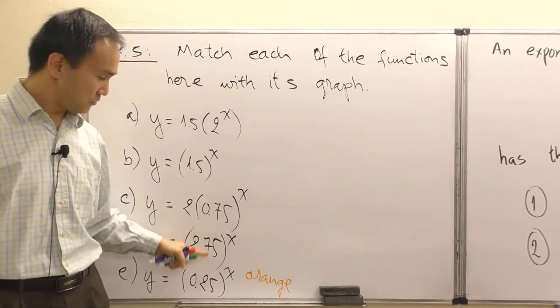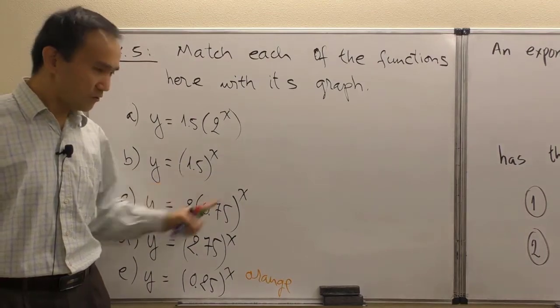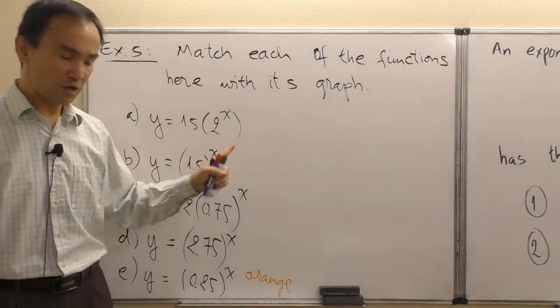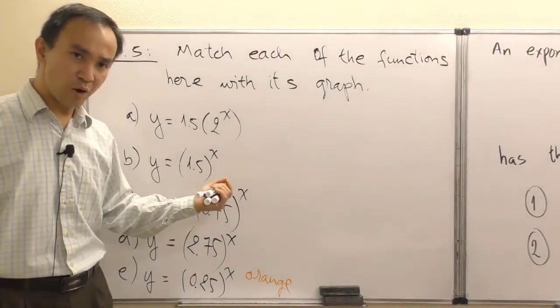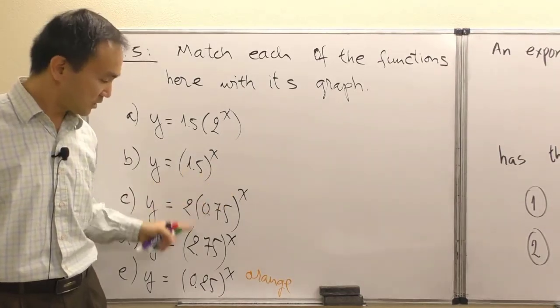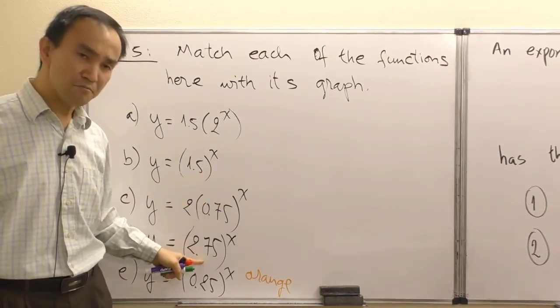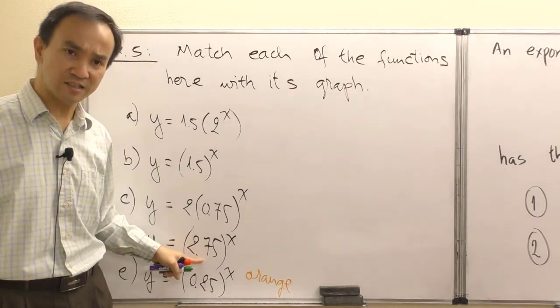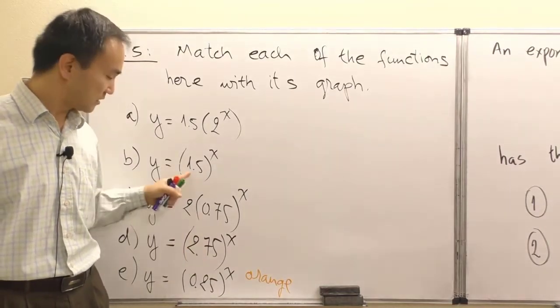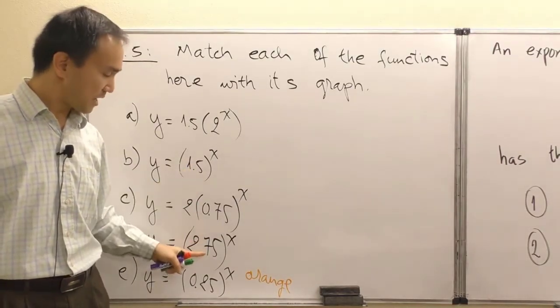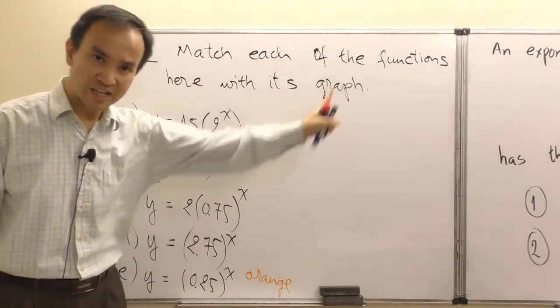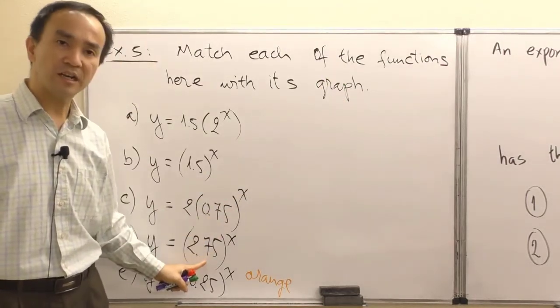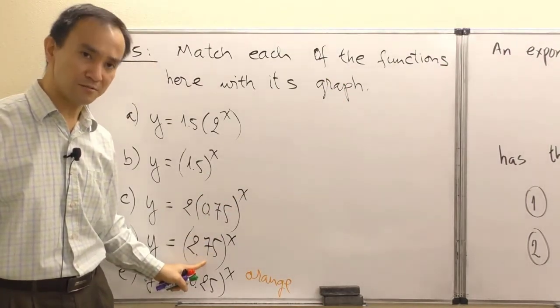Okay, and those 2 characteristics are about the y-intercept and the horizontal asymptote. So these 2 are both going up, going through the y-intercept (0, 1), but this one has a much higher base. They're both above 1, so the base is above 1. That's why it's rising up, but this one has to be rising a lot more rapidly.